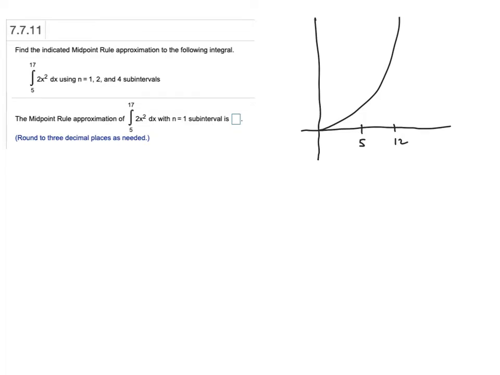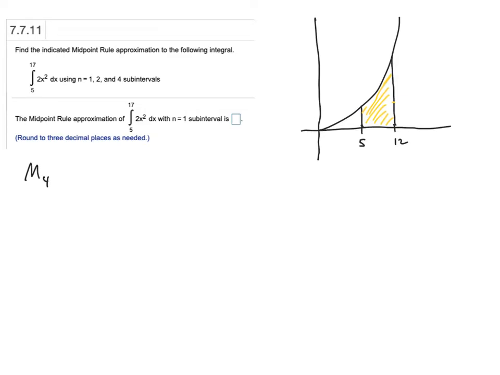And so this would be the area that's involved here for this integral.